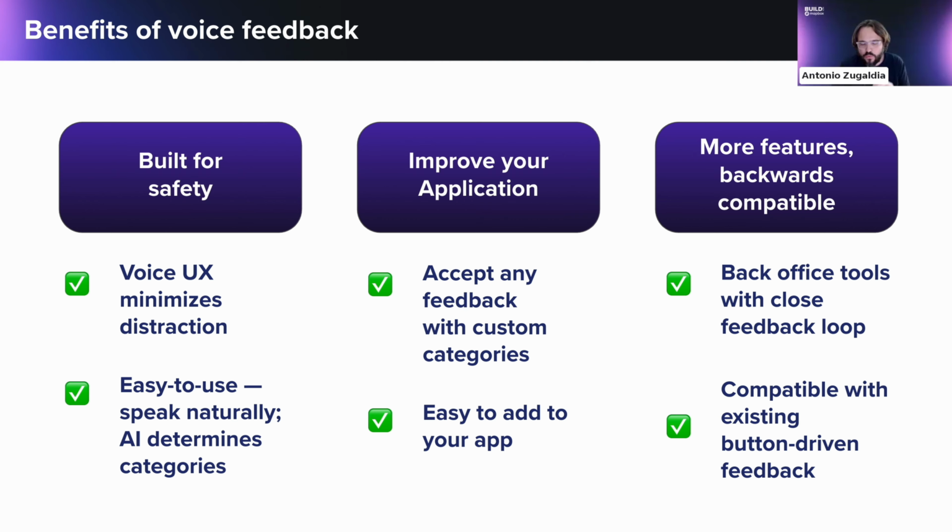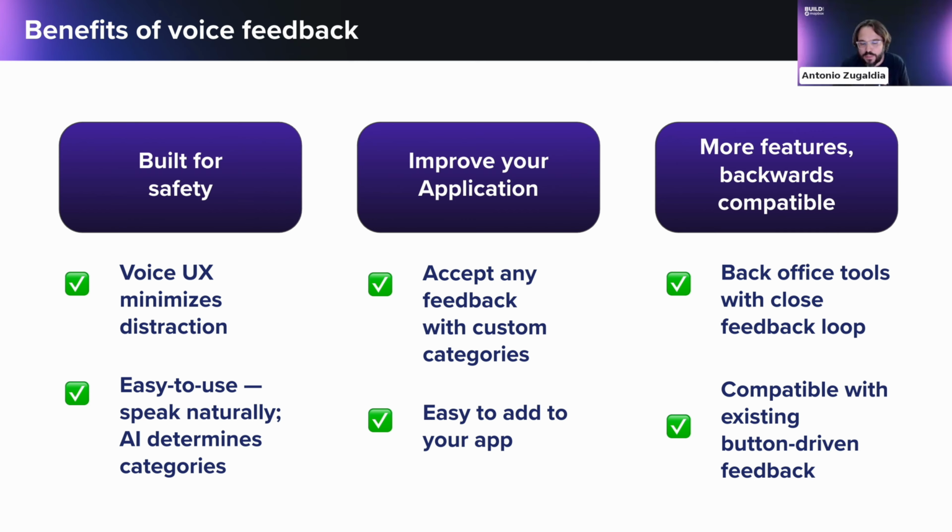The second bucket we're very excited about is the way we think this can improve your application experience. Because the driver can now use voice to provide feedback about what they're seeing. They are not limited to location-related categories that are unique to Mapbox. They can provide feedback about the road, about the traffic, but also about something that is specific to the experience with your application.